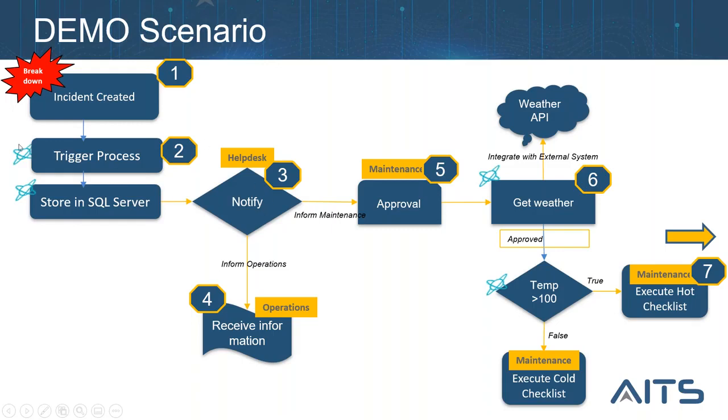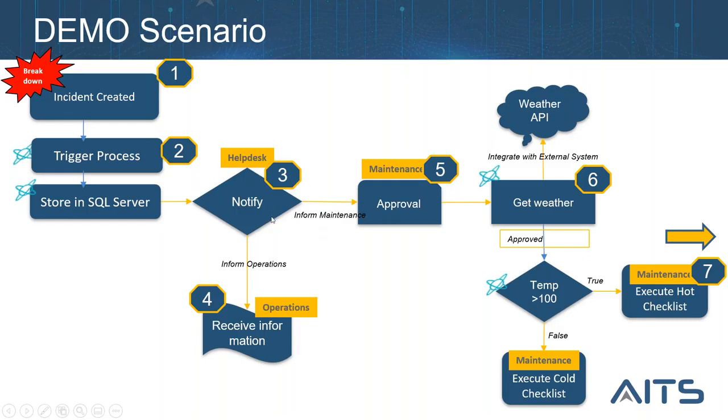Then, whenever we get an incident or breakdown information, someone has to be notified, for example maintenance or operations. So there will be a help desk. They will receive the incident, and it is a human activity, meaning they will decide to inform maintenance or inform operations.